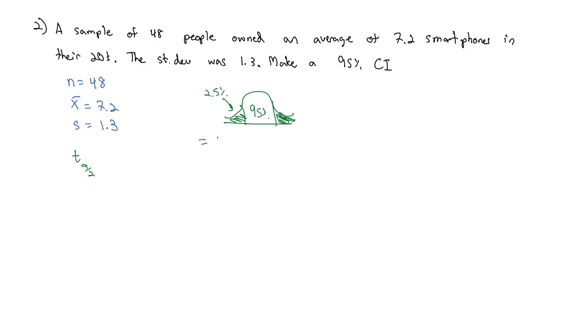So this is going to be equals t dot inverse. We want the 0.025 in that left tail. And then we need to tell it the number of degrees of freedom. Remember, the degrees of freedom is always one less than the sample size. So we're going to do t dot inverse 0.025 with 47.